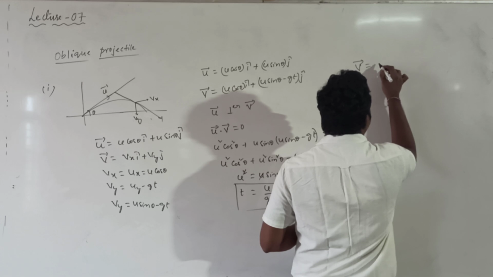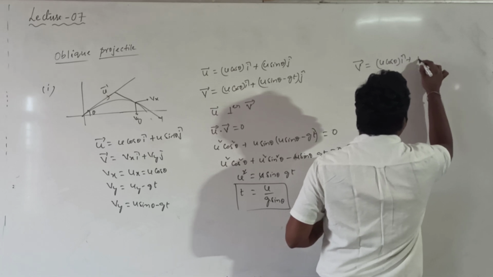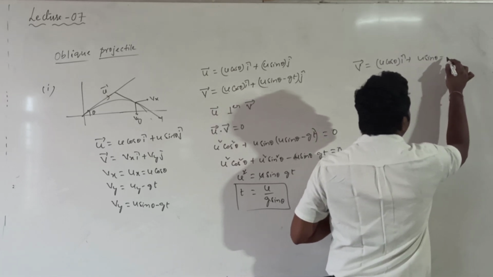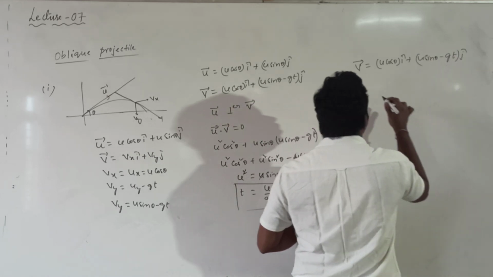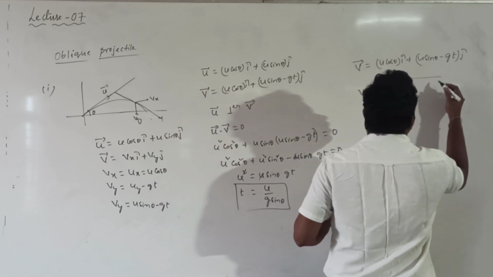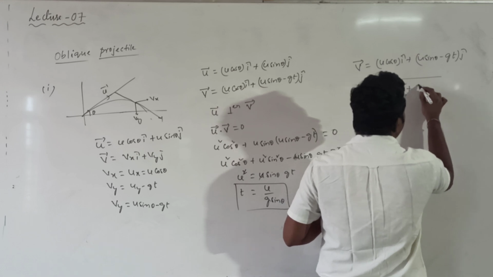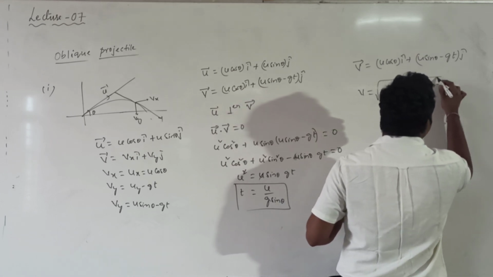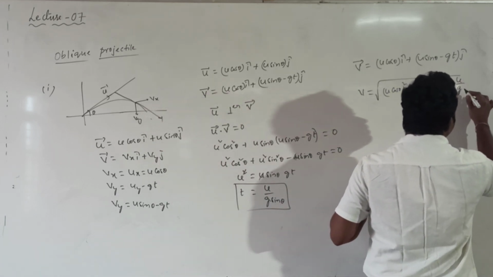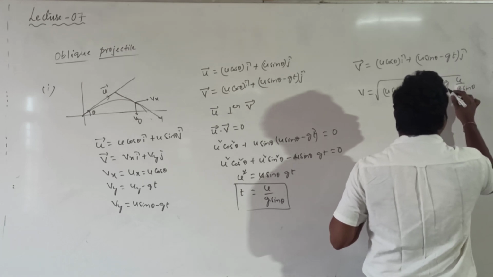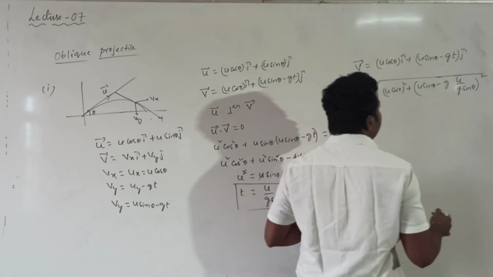We got v bar equal to u cos theta into i cap plus u sin theta minus g into t into j cap. I want to calculate the magnitude of v bar. The magnitude of v is the root of Vx square plus Vy square, that is u cos theta whole square plus u sin theta minus g into t, where t is equal to u divided by g sin theta, whole square.